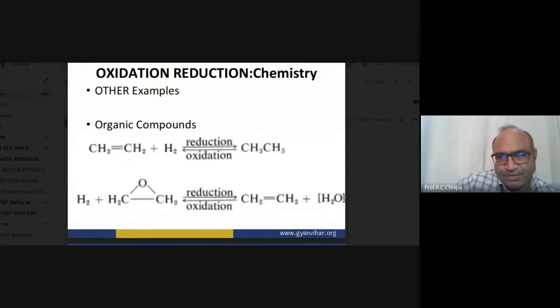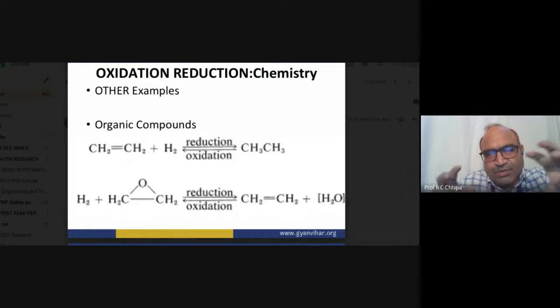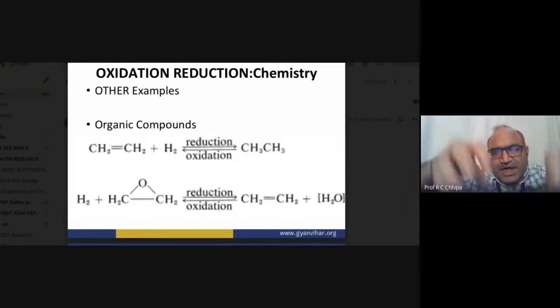When we look at the backward reaction, the backward arrow, here the oxygen addition is the oxidation, going from the right to this side. So two things are there: addition of hydrogen or removal of hydrogen.